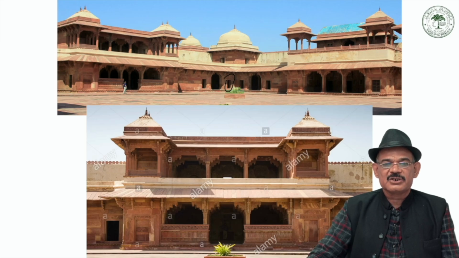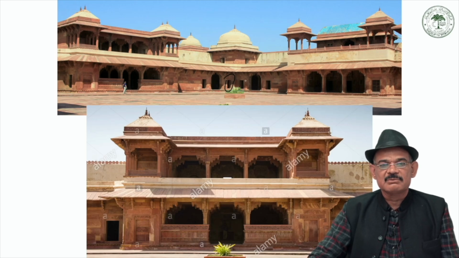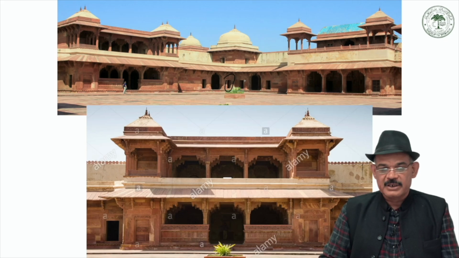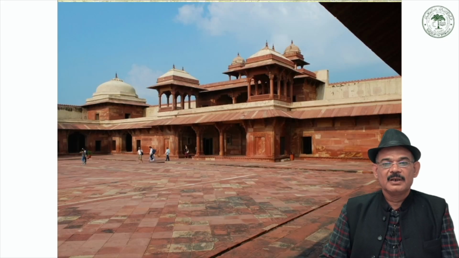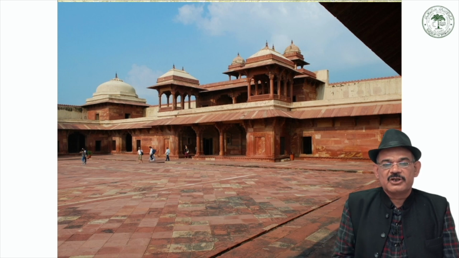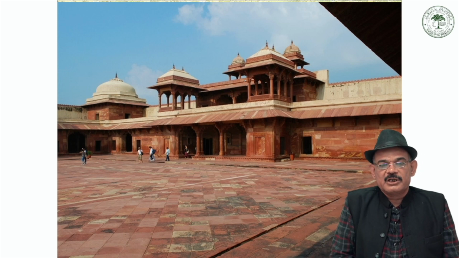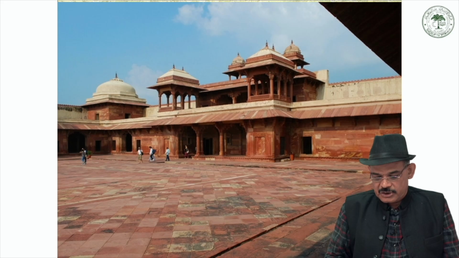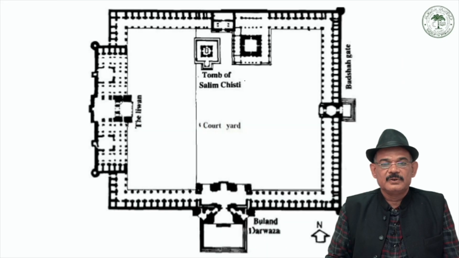The structures are symmetrical to each other, and remain symmetrical. All the cardinal structures, the double-story structures, are symmetrical to each other in decoration, in symmetry, in orientation, and in construction.